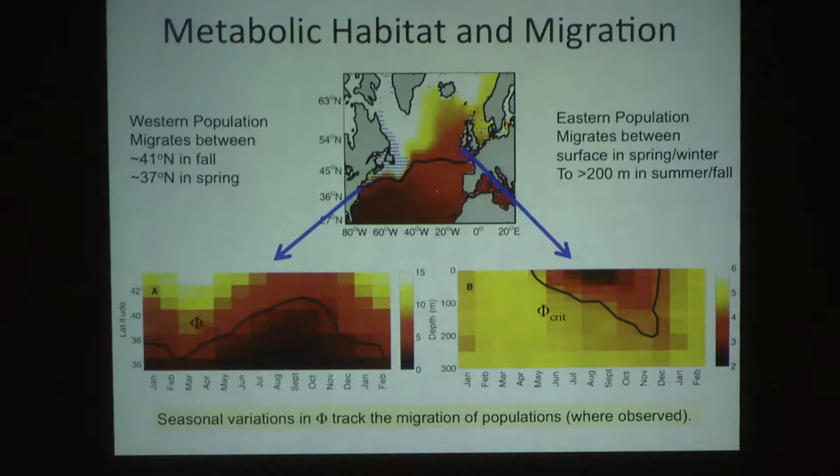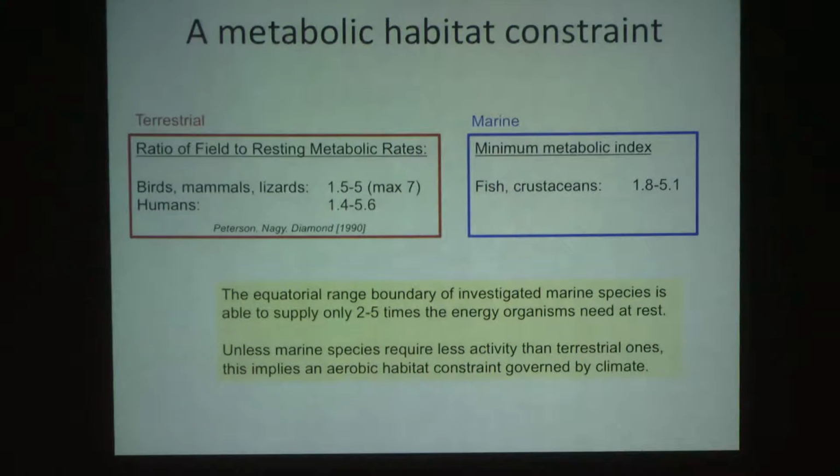Okay, so what this says to us is that this metabolic index seems to be a reasonable candidate for an operative constraint on the latitudinal range limits of Atlantic cod.